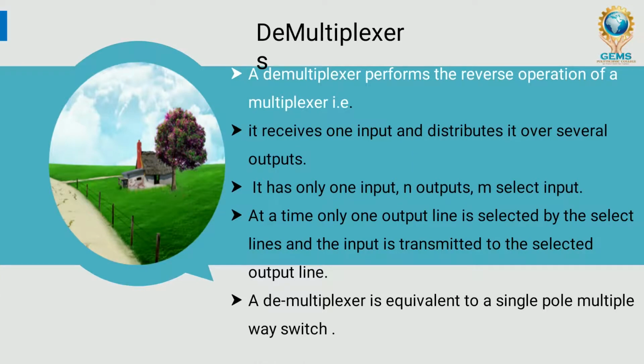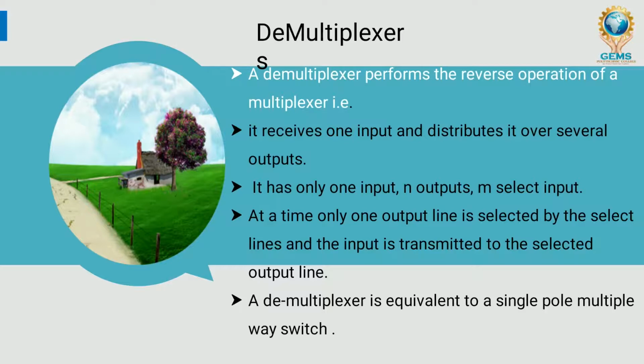So now take the demultiplexer. A demultiplexer performs the reverse operation of a multiplexer. It's simple. A demultiplexer is quite the reverse of a multiplexer.